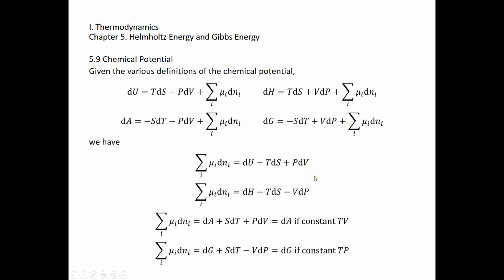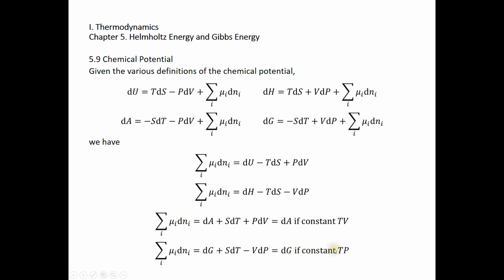Now let's get back to the criteria of spontaneity. Under constant TV condition, we learned that dA must be negative. Now look at this equation. On a constant TV condition, dT is 0, dV is 0, then dA is simply equal to the sum of mu_i dN_i. Because dA must be negative, the sum of mu_i dN_i must be negative.